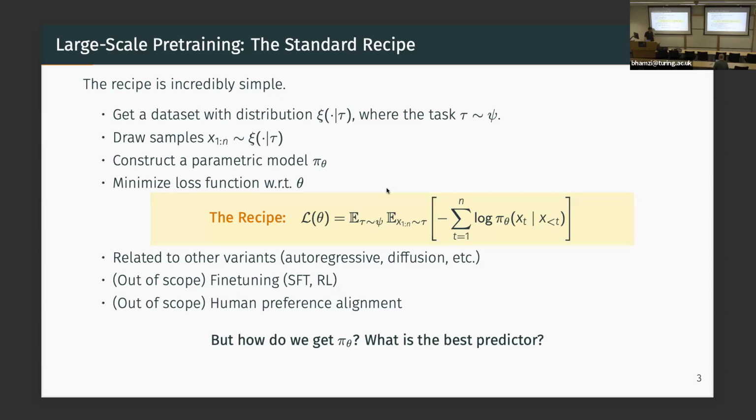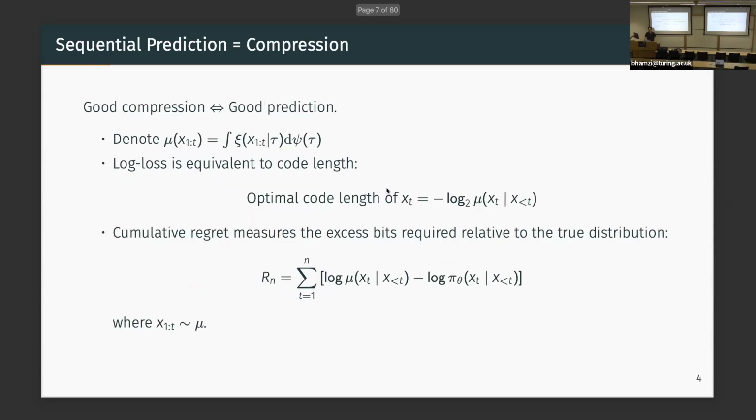Okay, so we want to essentially build a big model for this, but we don't really know what the best predictor is. Right? In deep learning, we just delegate that to SGD and come up with flexible architectures. But really, there is this golden standard.